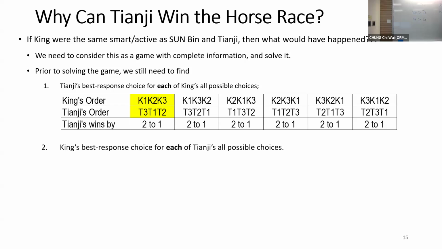Now, the king's best response choice for each of Tianji's choices. Here we have identified the best response of Tianji to the different orders, and now we must identify the best response of the king.